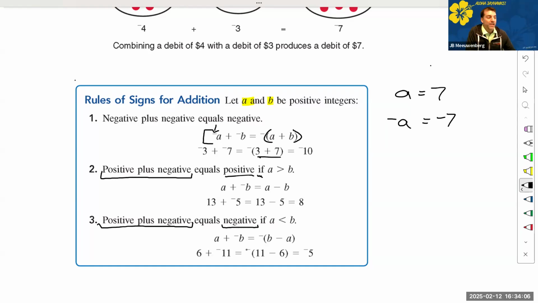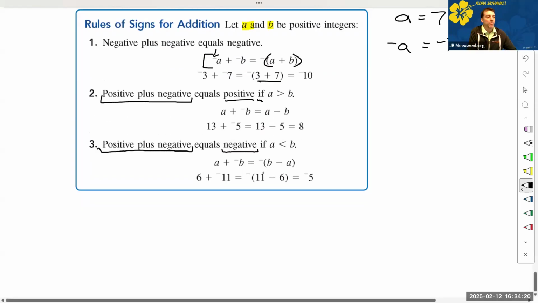And then that's going to equal negative whatever 11 minus 6 is, which is -5. This is a tricky one, I think, for people to just memorize, but you can start to make sense of it over time. And this is a really helpful one if you have to add or subtract, which you may on your competency test, really big numbers having to do with integers.